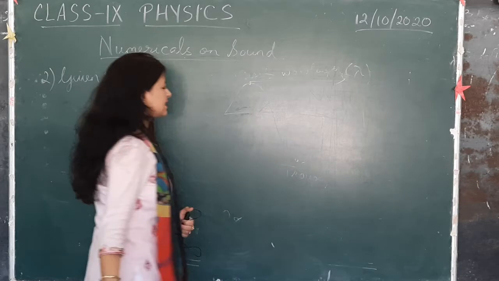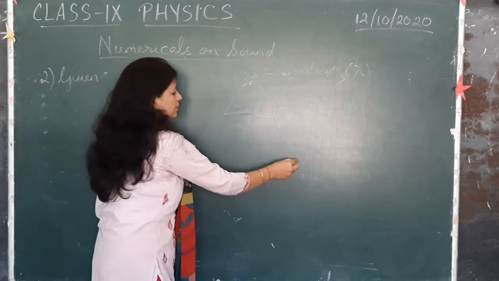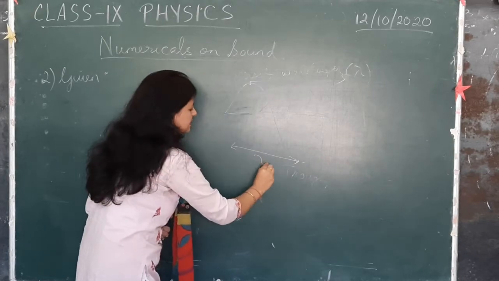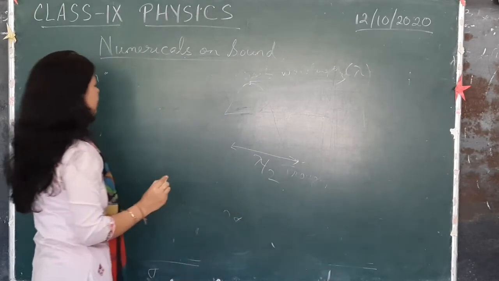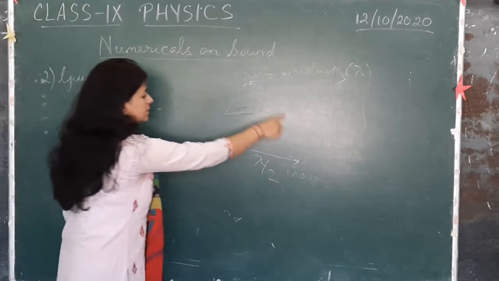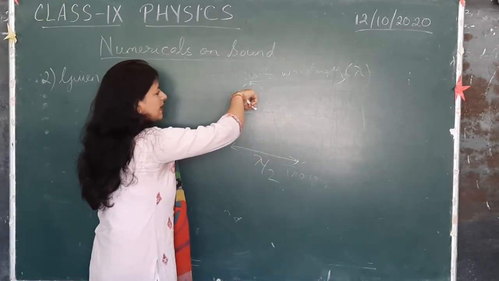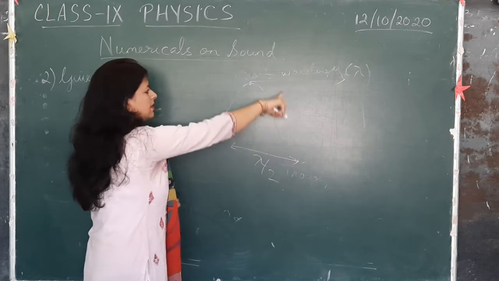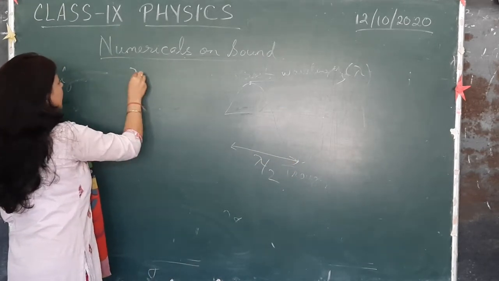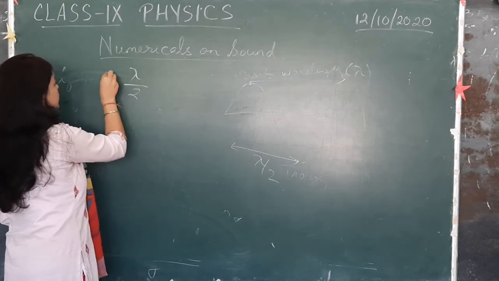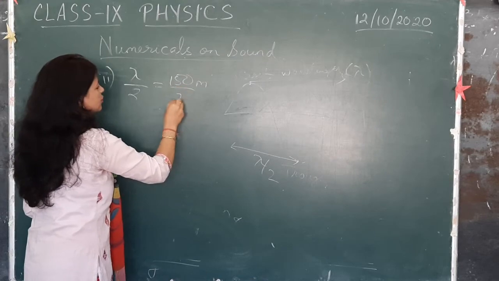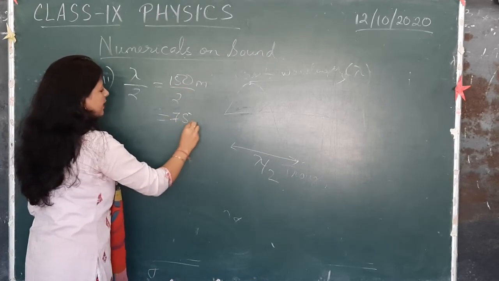But the question has asked you the distance between the crest and trough, so that means it is only half of this total distance, which is lambda by 2. The horizontal distance between the crest and its adjoining trough, that is, immediately after this crest the trough is coming, is just half the wavelength. So it is lambda by 2, part 2. Lambda was found to be 150 meter, so 150 by 2 is equal to 75 meter.